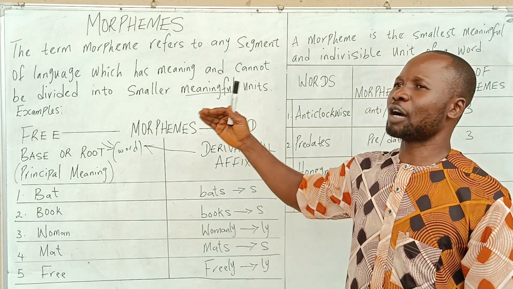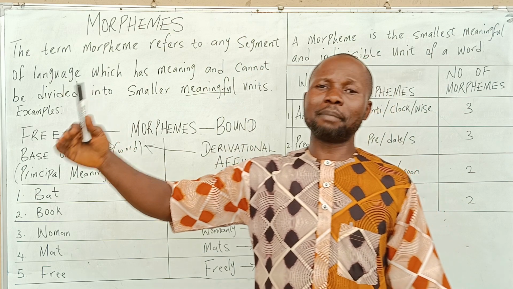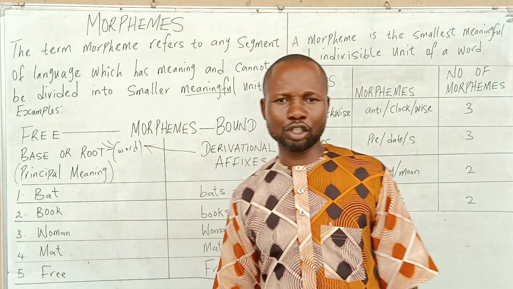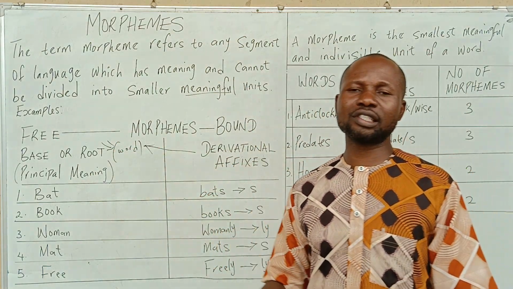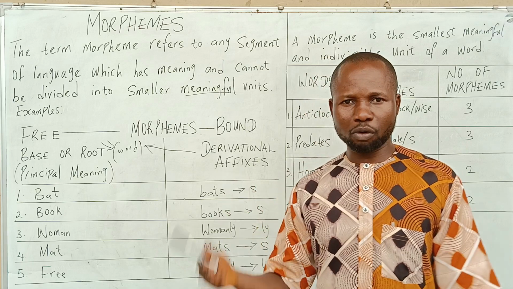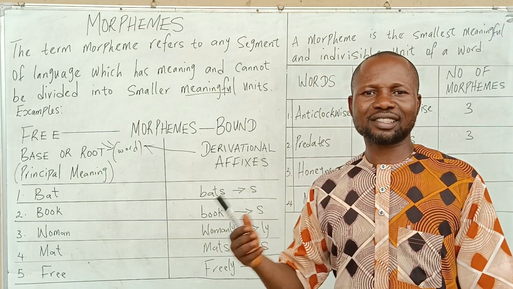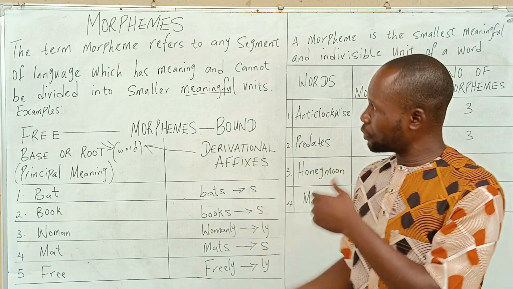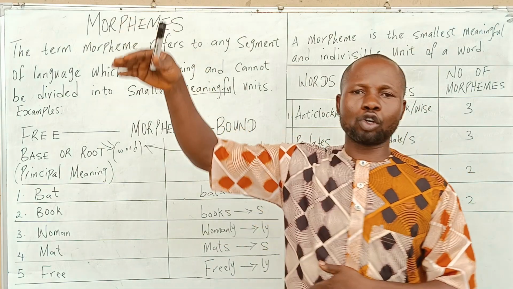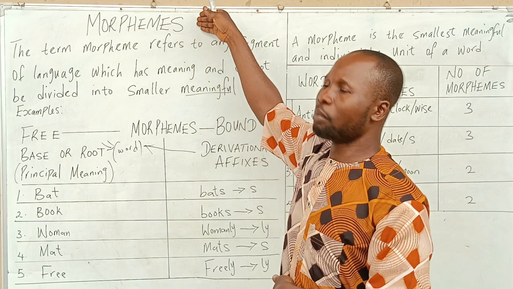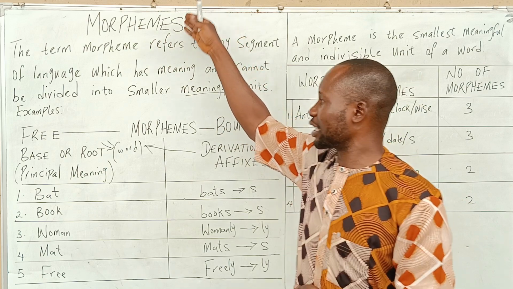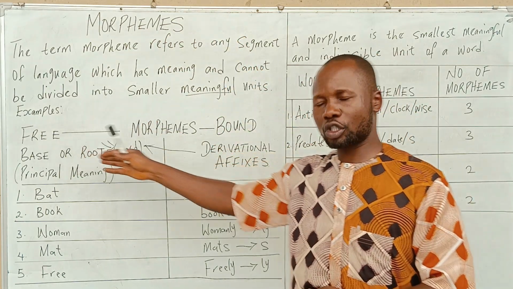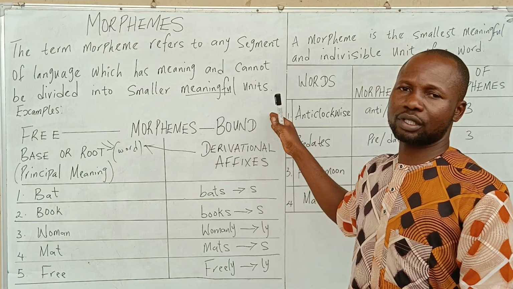Therefore, you see now that we have discussed branches of linguistics. Branches of linguistics gave birth to things like morphology, phonology, syntax, semantics, and phonetics. And now we have picked one, and we are studying morphemes. Morphemes gave birth to free morphemes and bound morphemes.